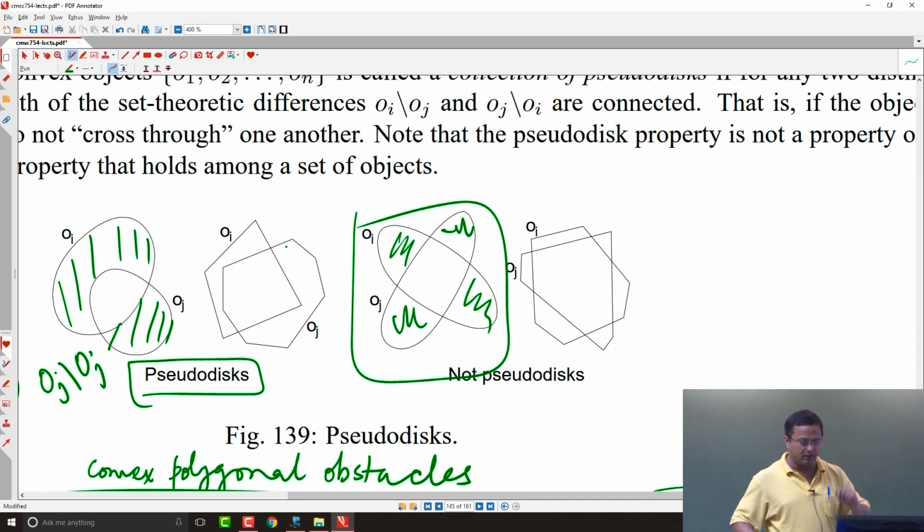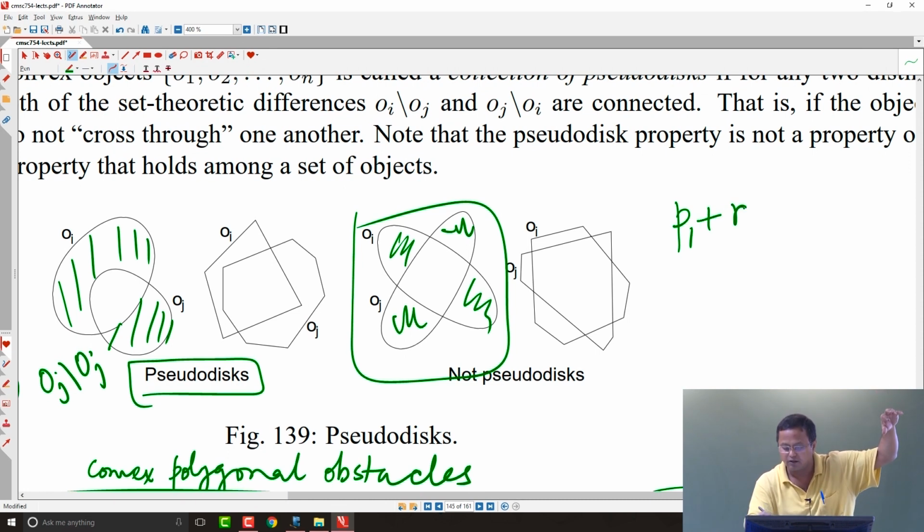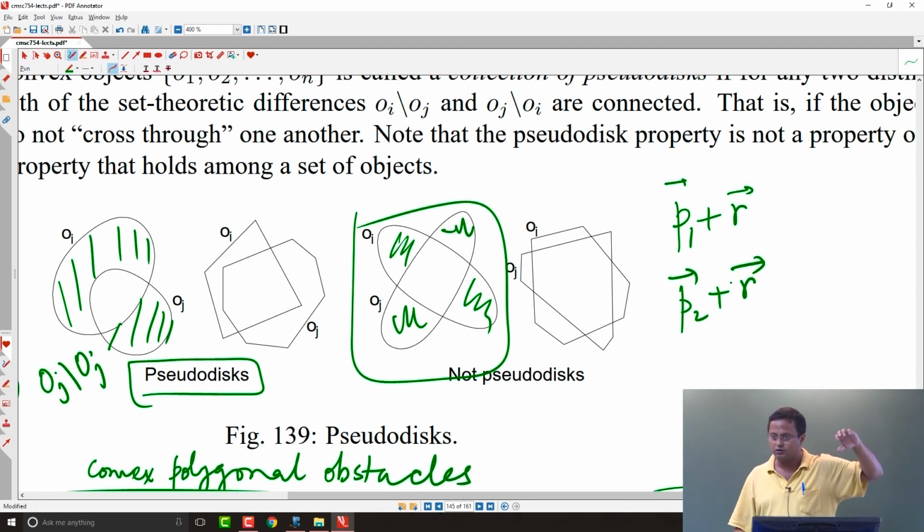So, what is your Minkowski sum? Say you take P1 from T1, a vector sum with R, where R comes from the robot, and then you take P2 vector sum with R. Whichever is extreme, either P1 would be extreme or P2 would be extreme, right.